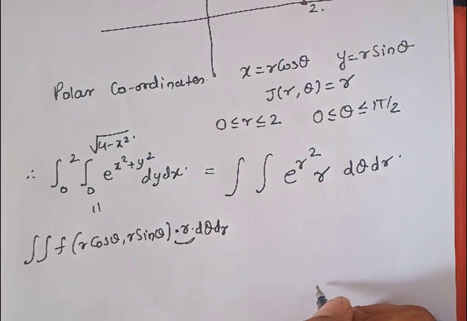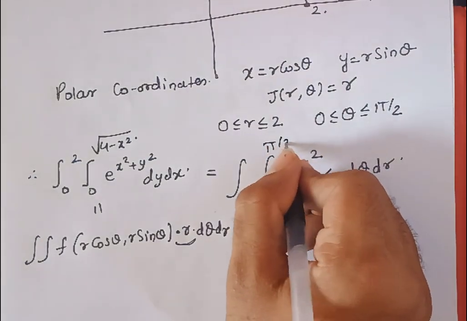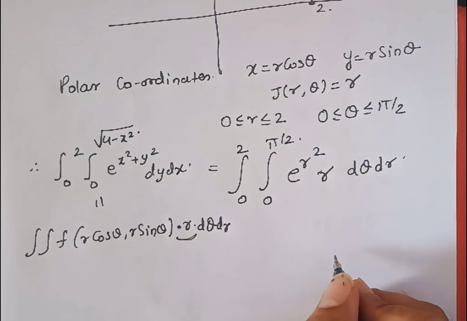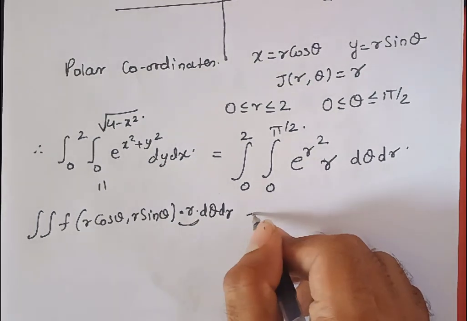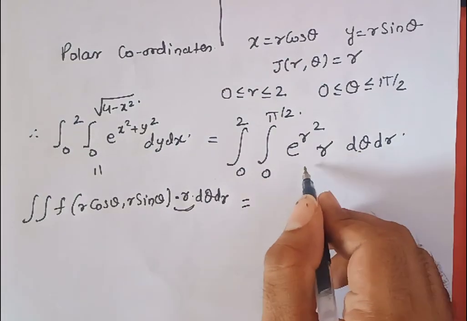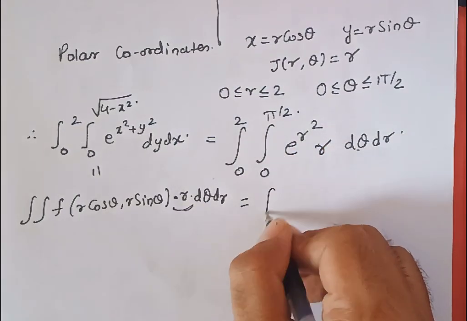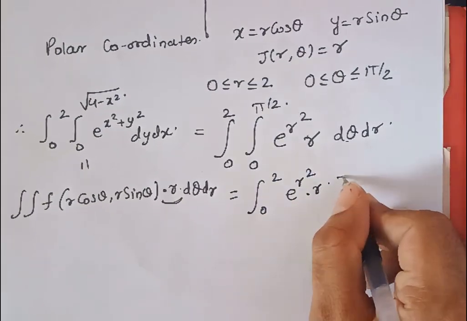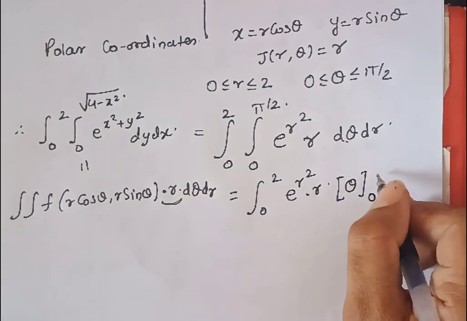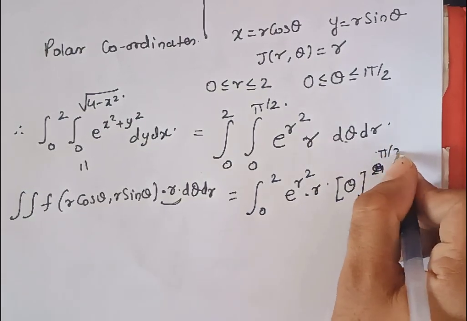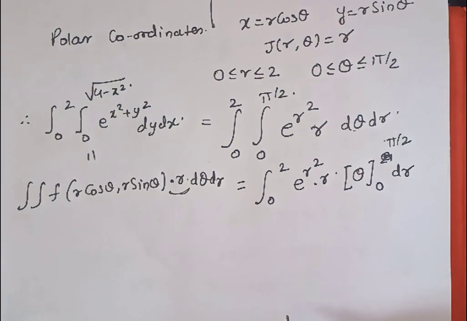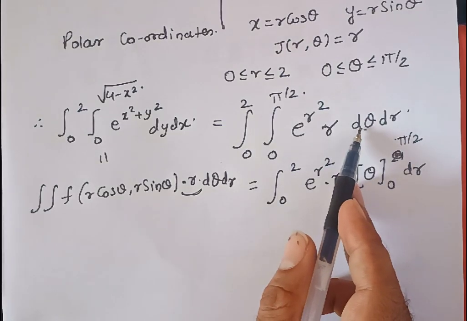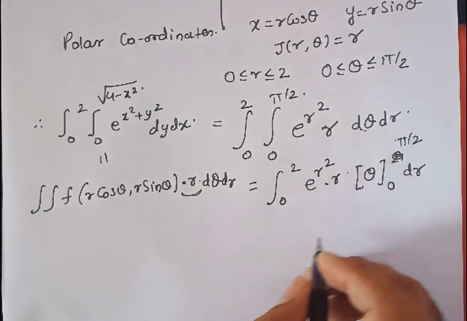So let's take theta first, and theta is from 0 to pi by 2, r is from 0 to 2, the radius of the circle. This is integration with respect to theta, so this acts as a constant, hence we will get integral 0 to 2 of e raised to r square into r, and integration of d theta will be theta from 0 to pi by 2, dr. We are just integrating d theta, so we will get theta that goes from 0 to pi by 2.